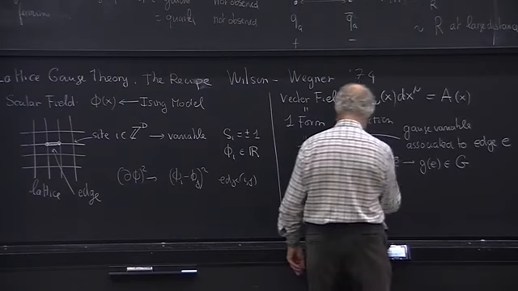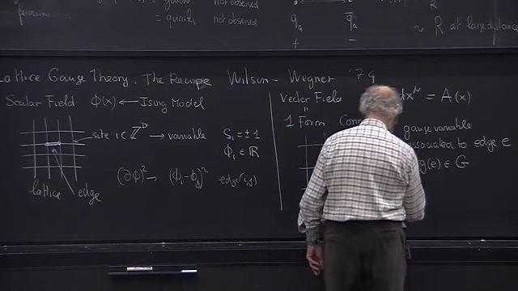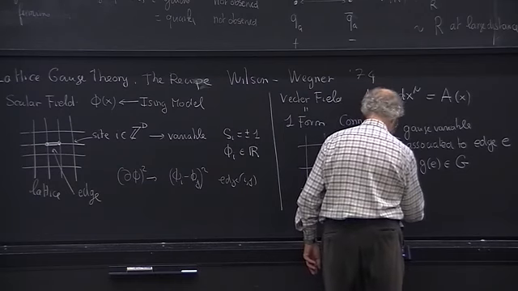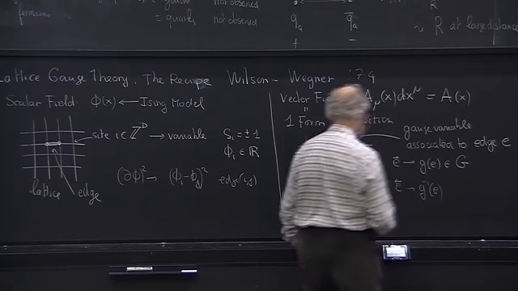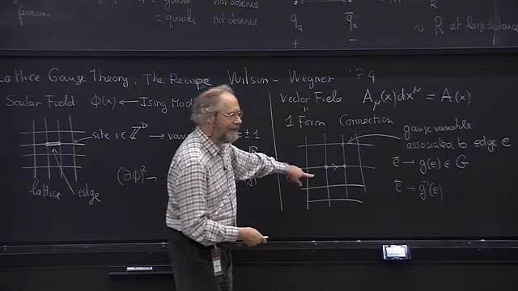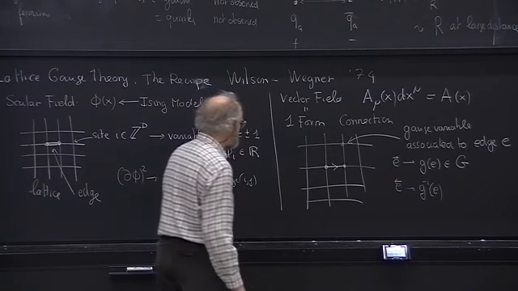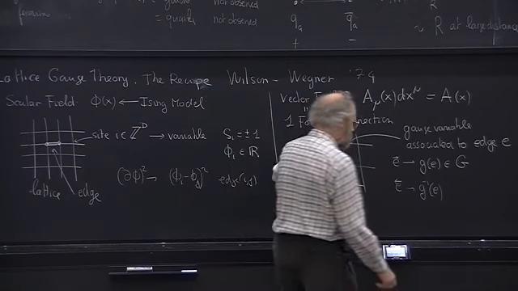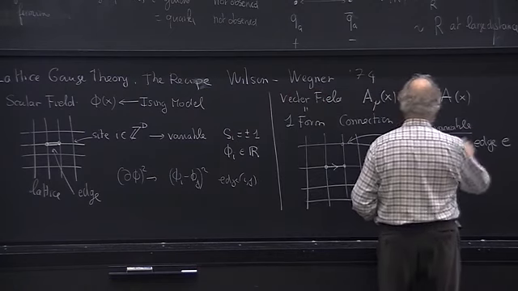And if you reverse it, if you take the reversed edge, you associate G minus 1 of E. And now, this is the gauge field variable.